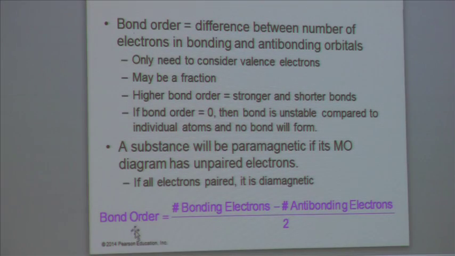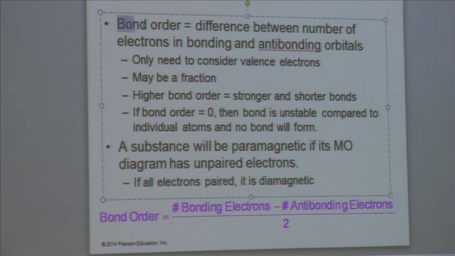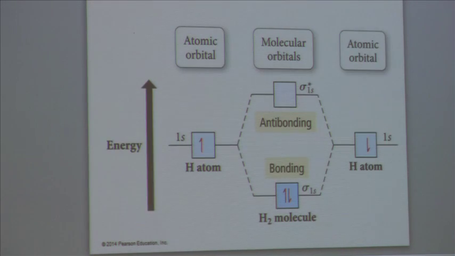So, properties: we can calculate the bond order by taking the number of bonding electrons, subtracting the number of antibonding electrons, and dividing by 2.